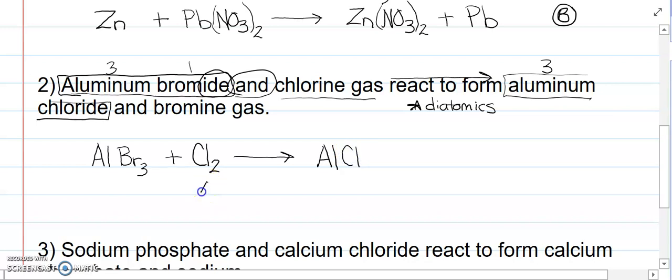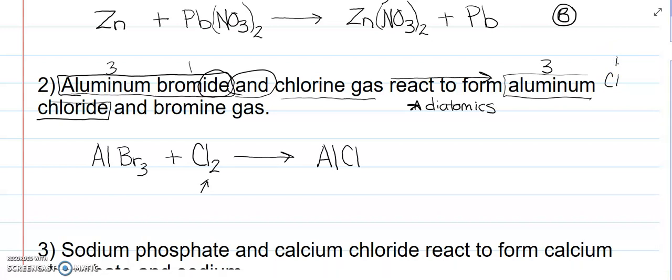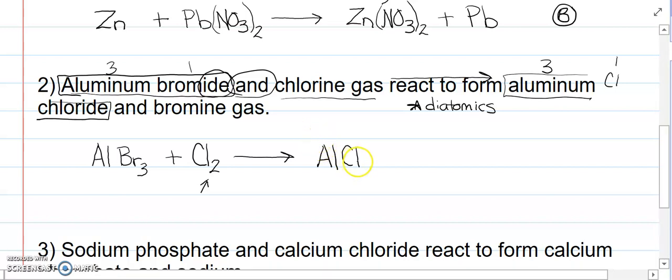Yes, chlorine has a 2 here. But in a compound, chlorine is a halogen that has a 1- charge. And when I'm writing a formula, those 2's from the element state go away. So these charges are going to cross, and aluminum's a 3, chlorine's a 1, so chlorine's going to get the 3 from aluminum. Yes, it looks very similar to the formula for aluminum bromide.